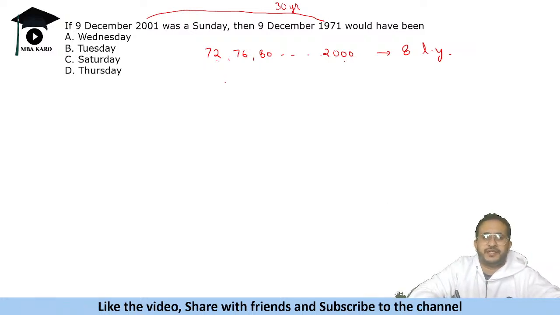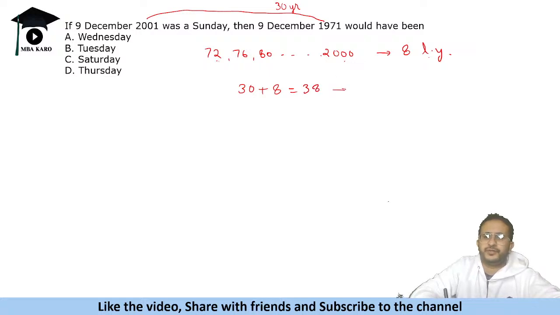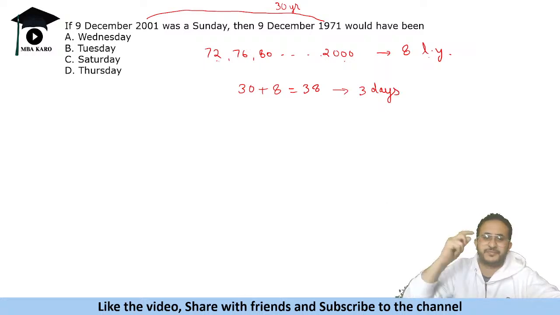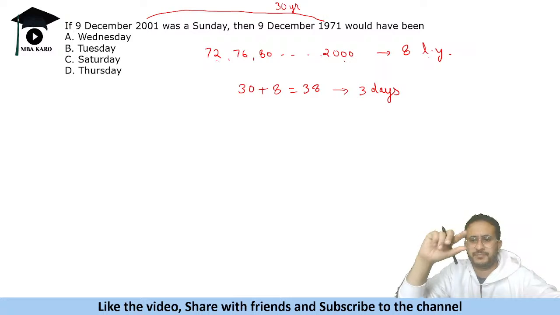So every year you increase day by one. Okay. So 30-year difference. So you will increase 30 days and there are 8 leap years. So in those leap years there is an extra day. So you increase by 38 days. 38 days means you increase by 3 days. Okay, odd days का concept, 7 days में week repeat होता है तो 38 days means 5 times plus 3.